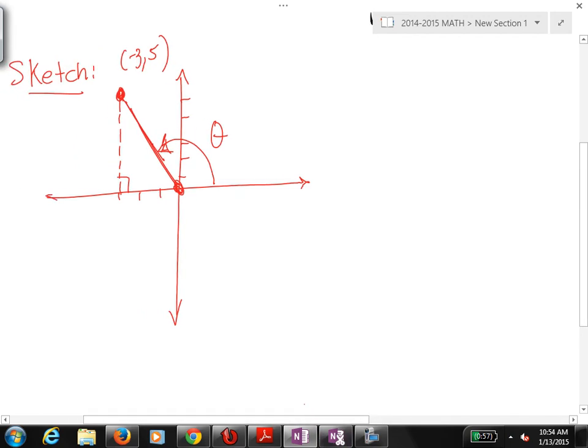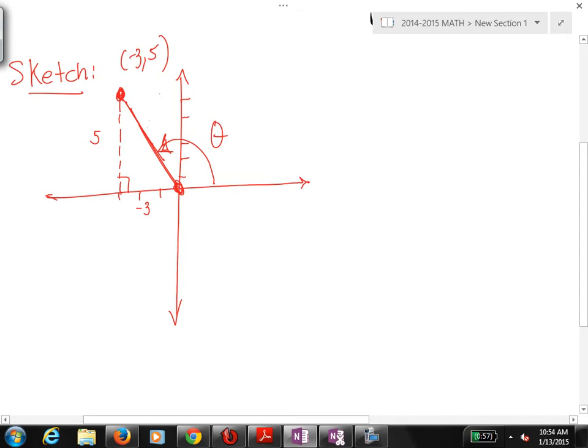Now, I know that this is going to be a triangle, but I usually associate the negative with direction. So I know in the triangle, the distance is always supposed to be positive, but that -3 is simply indicating that it's 3 units in that direction. And this is 5 units up.